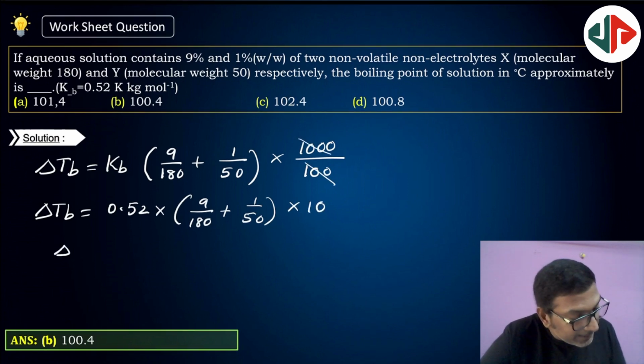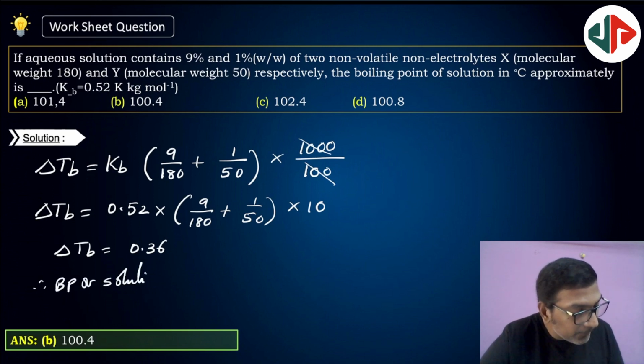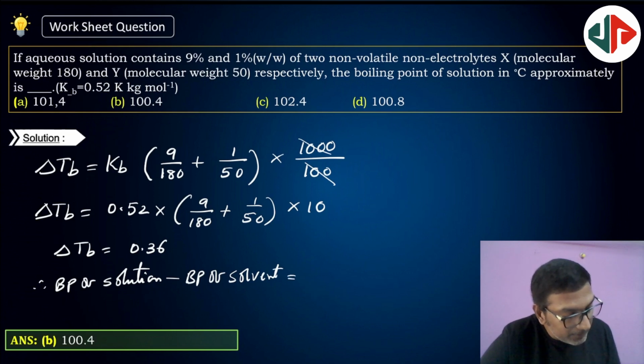So we'll get delta Tb as 0.36. Therefore boiling point of solution minus boiling point of solvent equals 0.36.